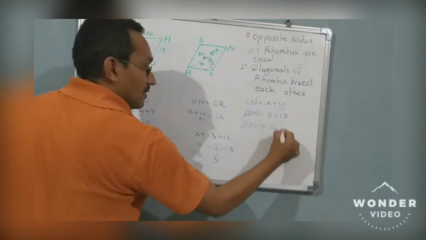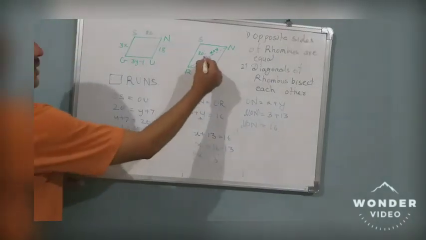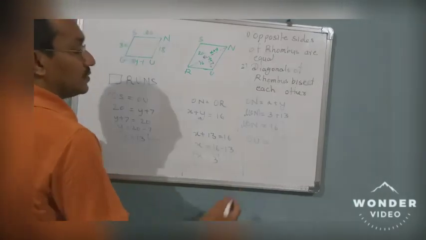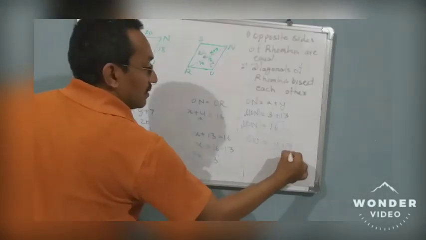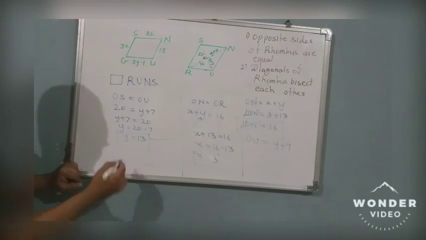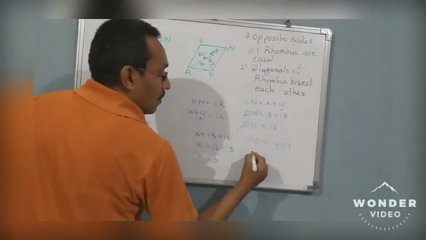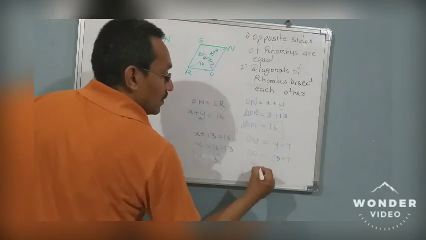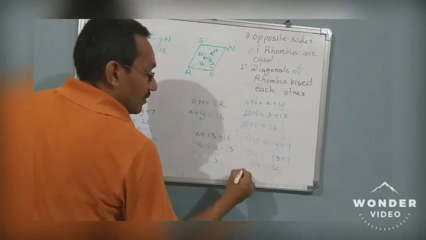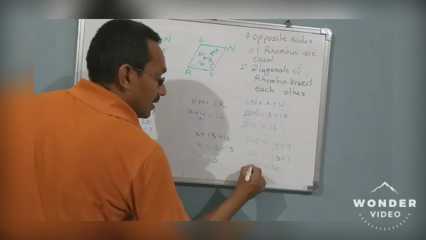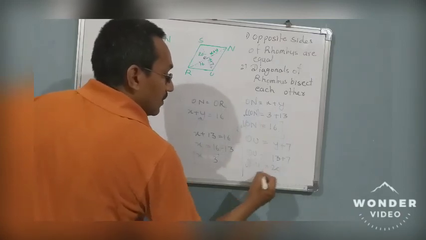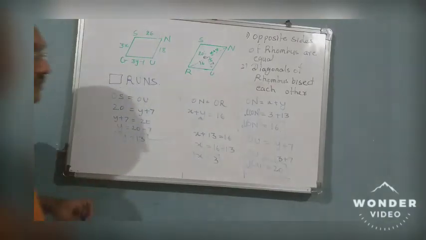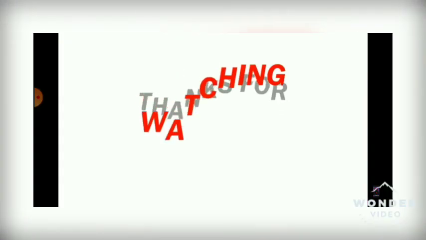This is the first answer. Secondly, I have to find length OU. What is OU? That is y plus 7. What is y? We have got y is 13. OU is equal to 13 plus 7. OU is equal to 20. For comfort, I am writing it as length OU is equal to 20. This is another answer which I have found. Thank you.